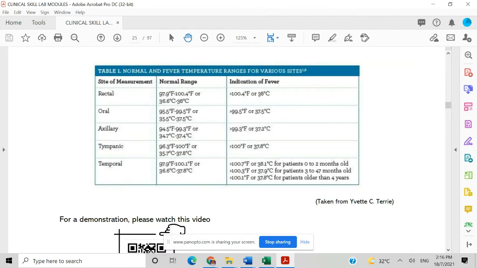This table shows you the normal range of temperature. It depends on the environment where you take the temperature and exactly where it is being measured. It's a bit different between these locations. If you look here, 35.5 to 37.5 degrees Celsius is considered the normal range.